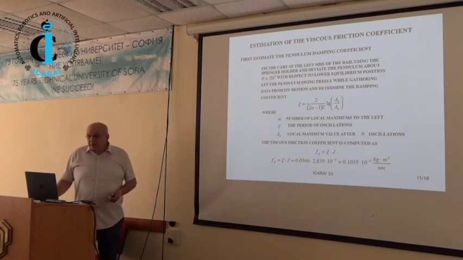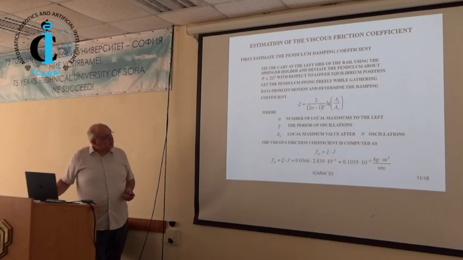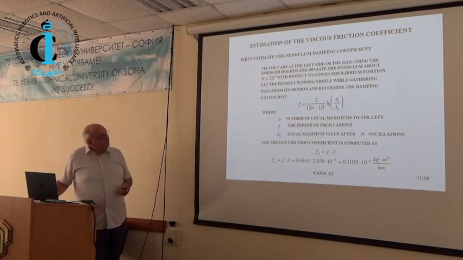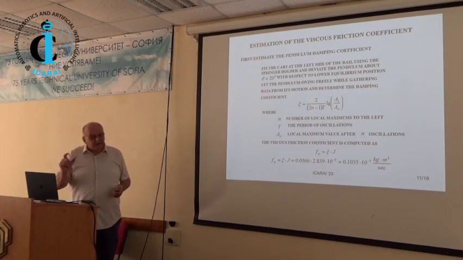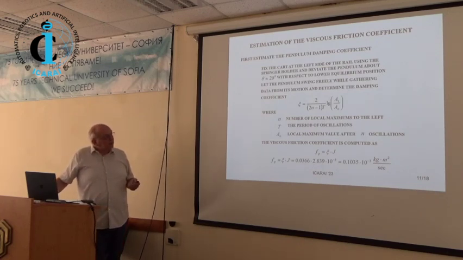In order to obtain the viscous friction coefficients, we also perform some experiments. The first experiment is with respect to the rotational motion. We set the pendulum in free motion around the axis of rotation, measuring the amplitude of angular deviation of the pendulum load with respect to the zero position.